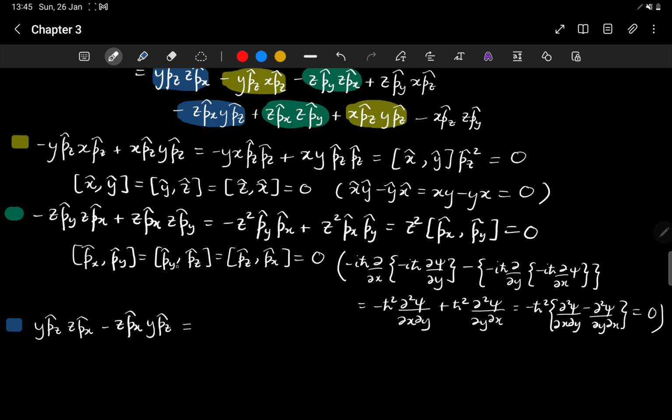As we saw, the px pz commutator is 0. So whether we operate pz first on px or px first on pz, it's the same.